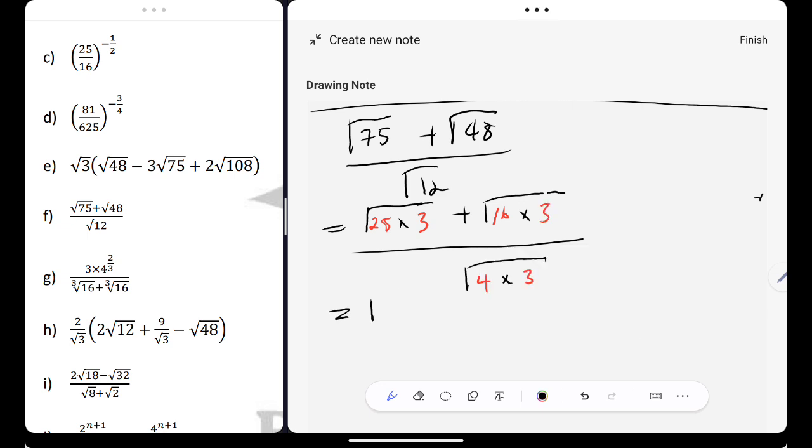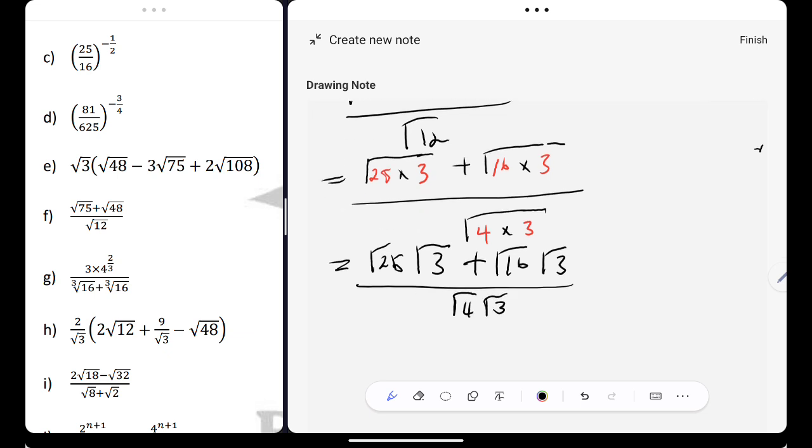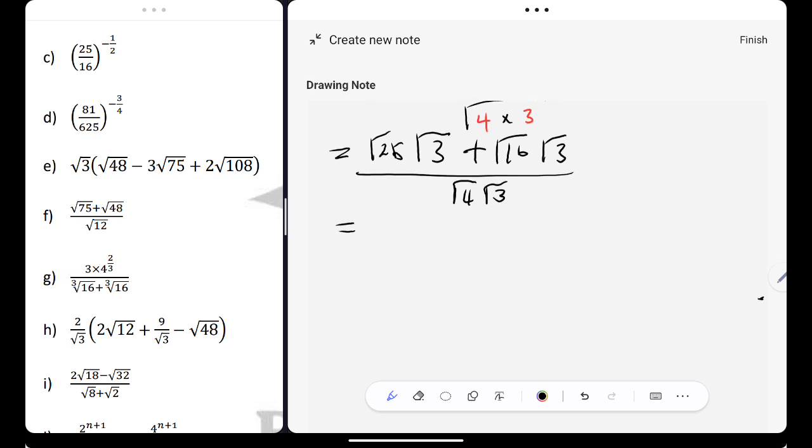I know that I'll have the square root of 25 multiplied by the square root of 3 plus the square root of 16 multiplied by the square root of 3 all over the square root of 4 multiplied by the square root of 3. And then here, what will I have? The square root of 25 is 5.